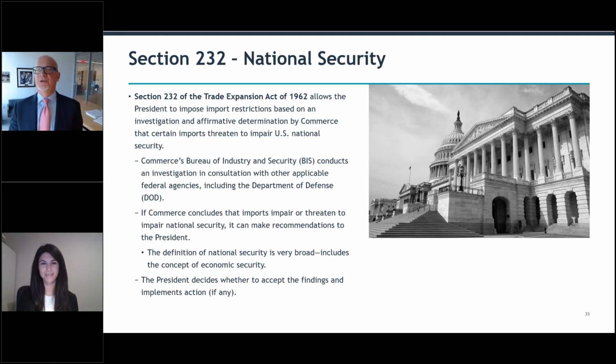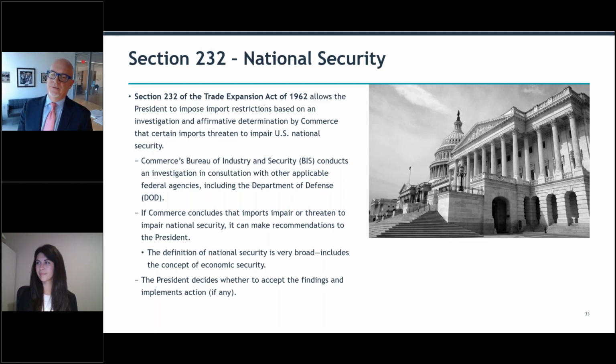Section 232 is a provision that gives pretty expansive authority to the president, and most of the litigation in court over the use of this law has run its course, and for the most part, the courts have decided that the president's authority with regard to national security, and how national security is defined in that law, is very, very broad.